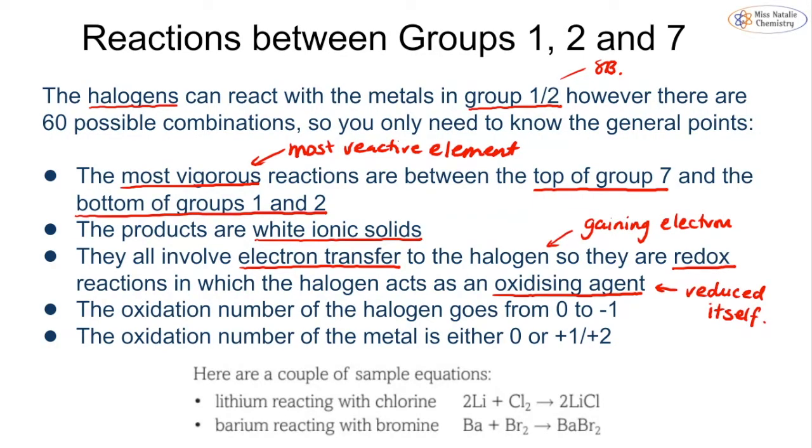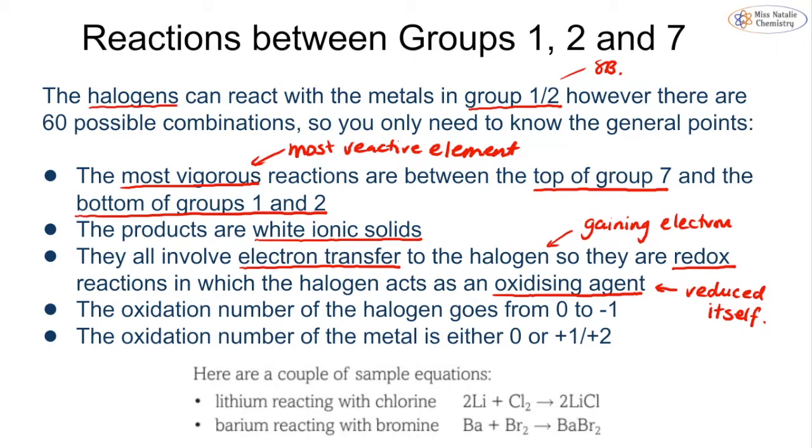The oxidation number of the halogen will always go from 0 to -1 because we're going from the uncombined element to the halide, and the oxidation number of the metal will go from 0 to either +1 or +2, depending on what group it is. Of course, we're coming from 0 because it is just the metal itself, and remember, uncombined elements have an oxidation number of 0.